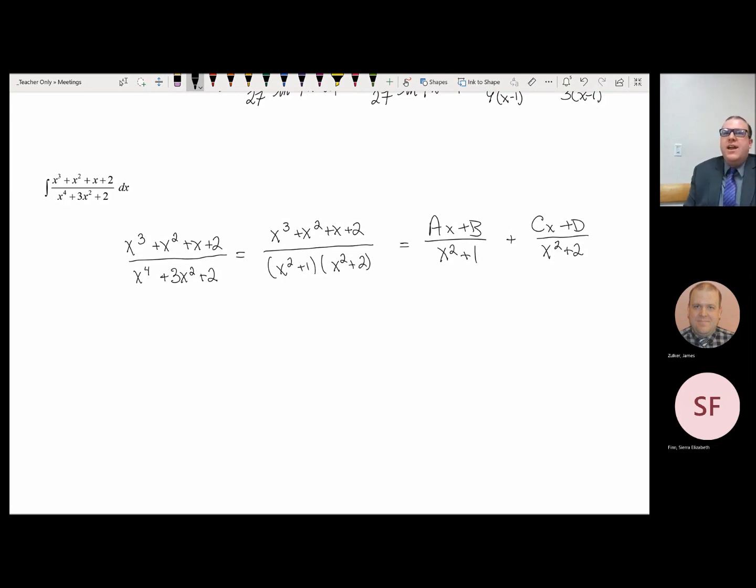The idea is the same. We want to find A, B, C, and D. And we do it the same way. Clear out the denominators. Except now, you do have to FOIL.